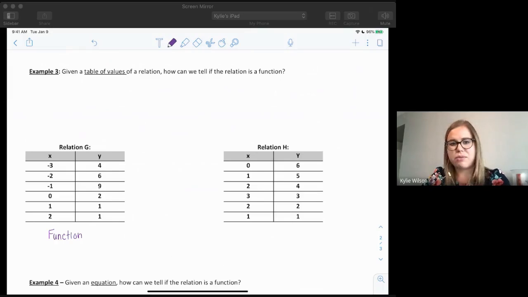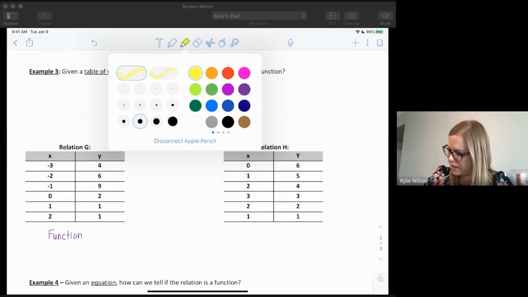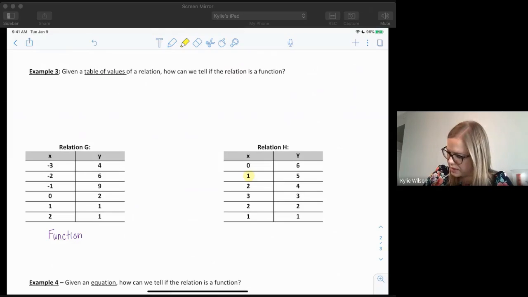Next, I'm going to look at relation H. Same idea. I'm going to look up and down my x column, looking for any of the same numbers. If I look here, I have 2 1s. So that means we have (1, 5) and (1, 1). That can't happen for it to be a function. Each x can only correspond to 1 y. So that is an issue right here.